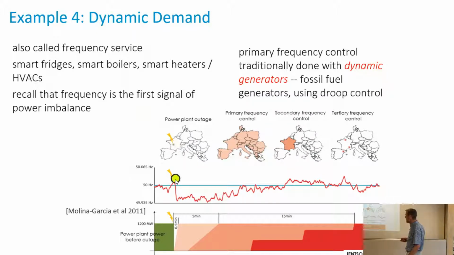Immediately, you will see that there is a drop in frequency. And during this short amount of time, half a minute, primary frequency kicks in and stabilizes the system. However, it was not able to come back to 50 hertz, which means that this is an example where the primary frequency reserves are not sufficient.